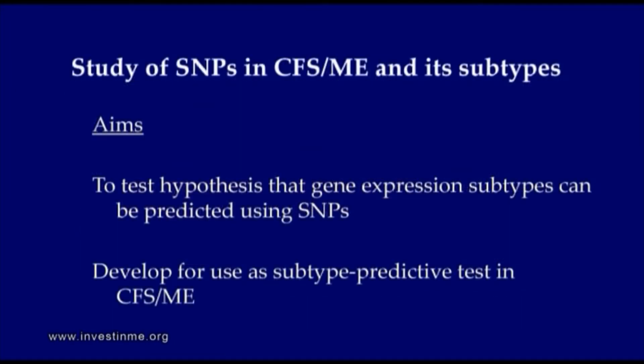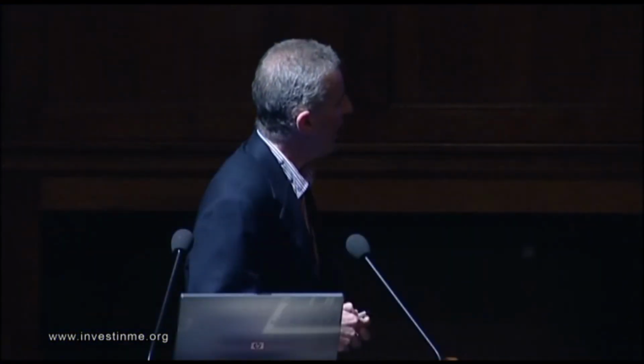So the hypothesis in this SNP study was to test the hypothesis that gene expression subtypes can be predicted using SNPs, and that we can develop subtype predictive tests for use in CFS.